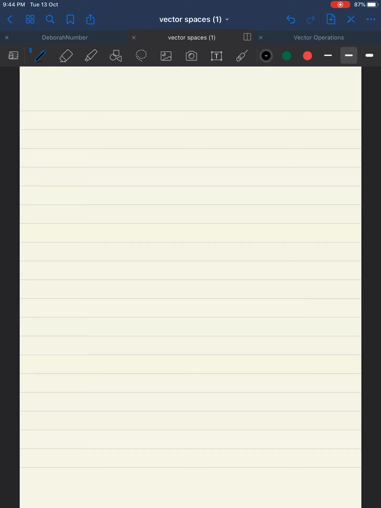And we also have understood that our vectors in mechanics can have arrows.